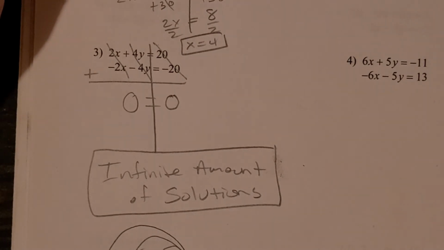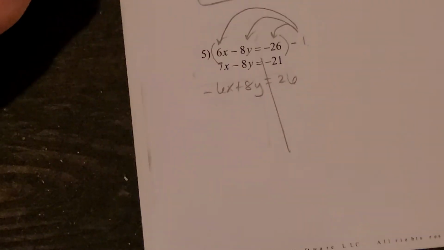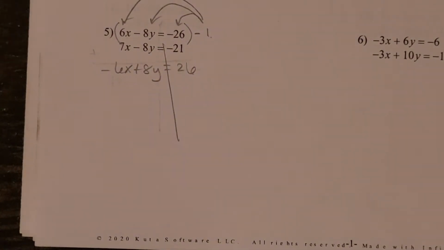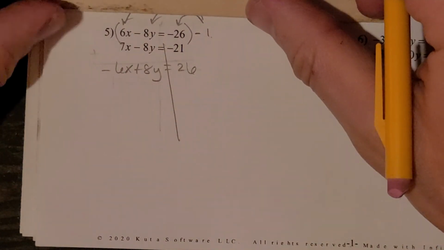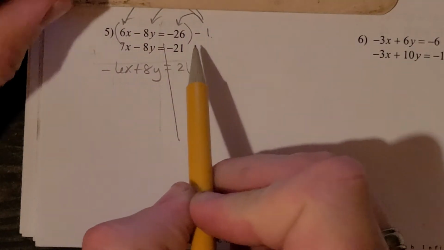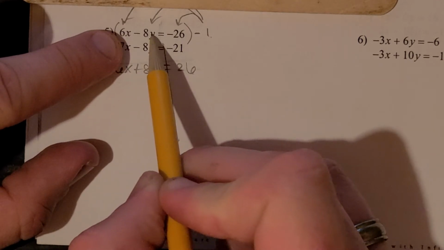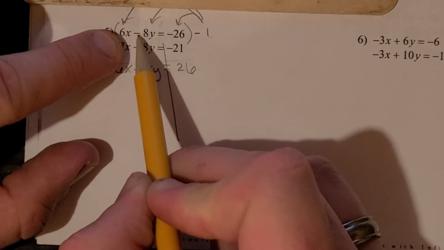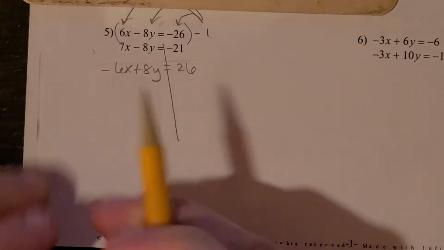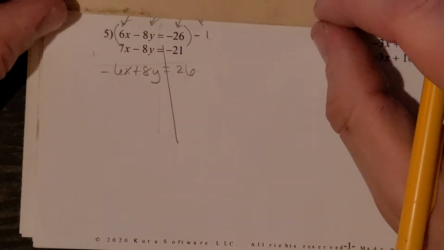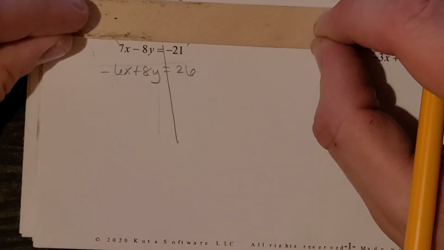They're called opposites. Opposites will cancel out and make a 0. Well, for 5, I didn't have opposites, so I made opposites by multiplying an equation by something very specific. I could see here, this says negative 8y, negative 8y. Well, if that were just a positive, then it would say negative 8y and positive 8y. Those are opposites. So I multiplied, and I made opposites.